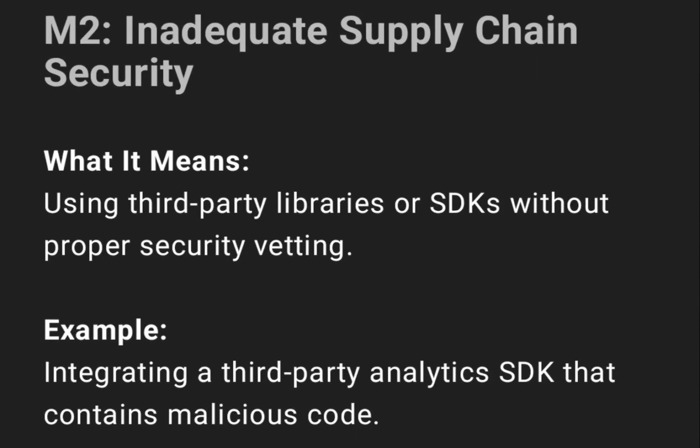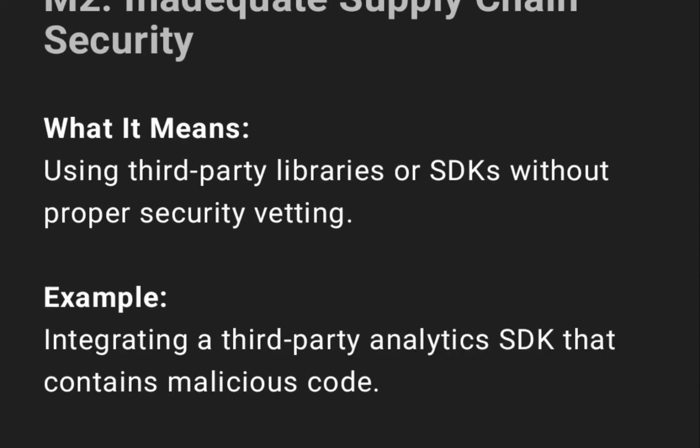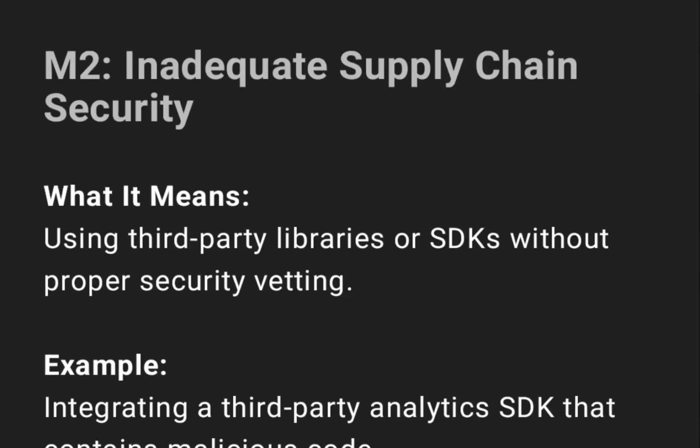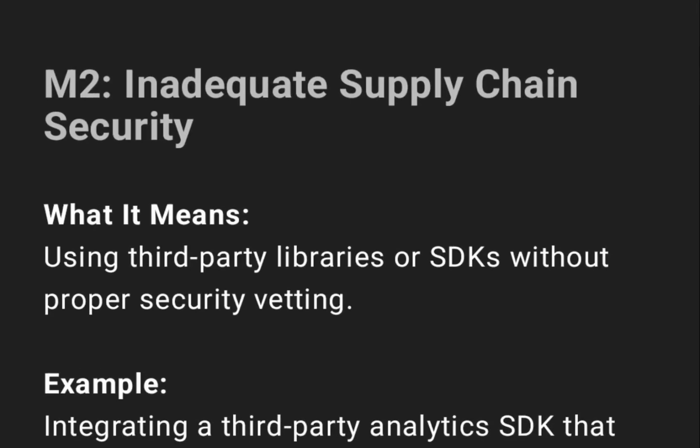And coming to the second risk, inadequate supply chain security. What exactly inadequate supply chain security is, let's say using third party libraries or software development kits, SDKs, without any proper security vetting. For example, integrating third party analytics or software development kits that contain malicious code is one example of inadequate supply chain security.